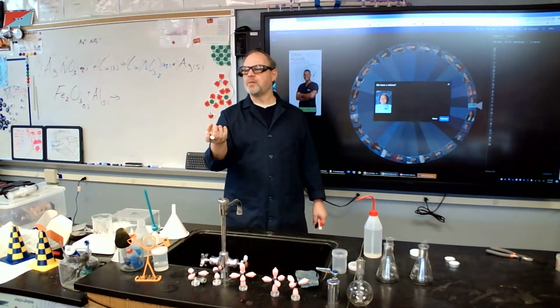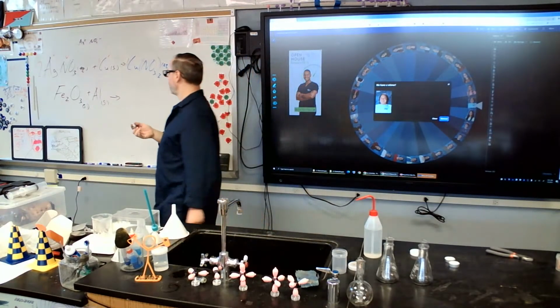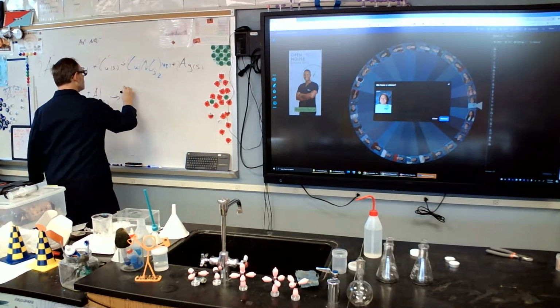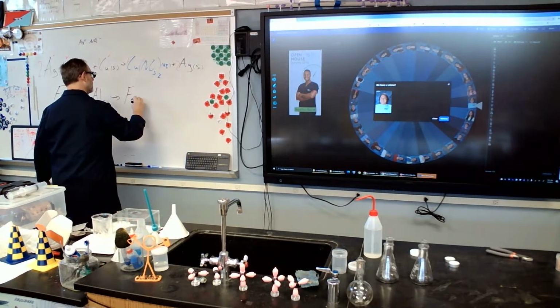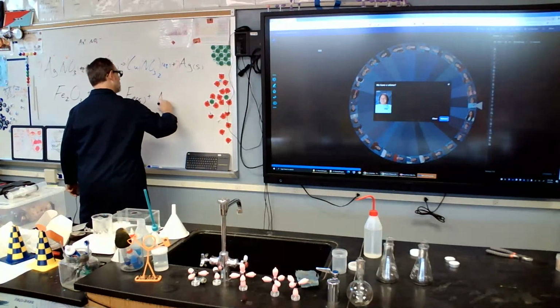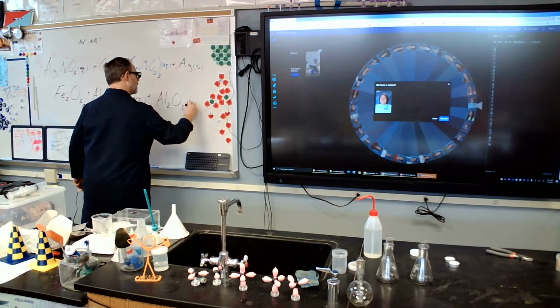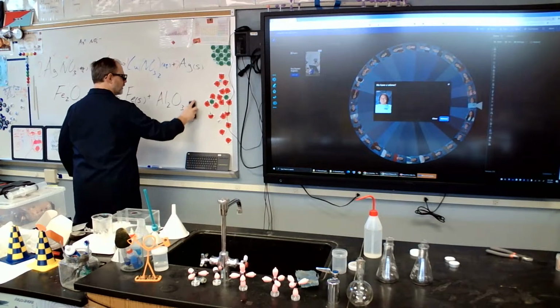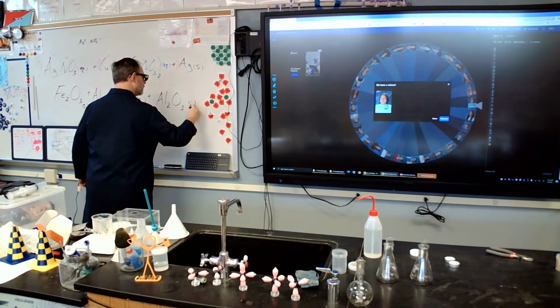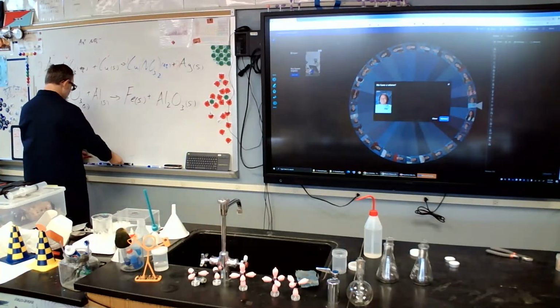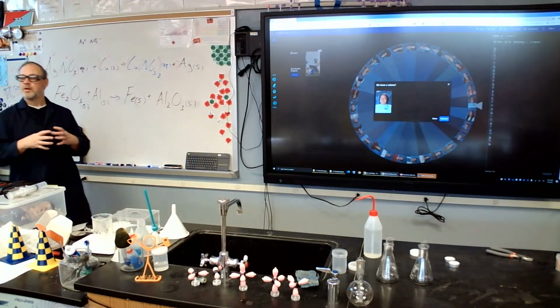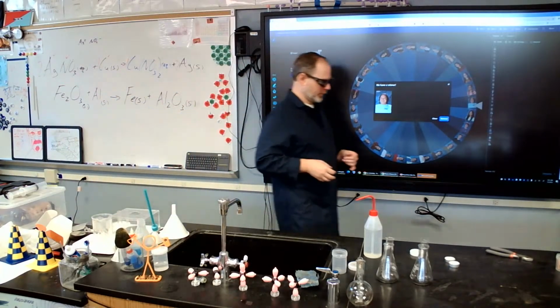And it would leave behind molten iron. So then you'd have your molten iron and aluminum oxide, not aqueous, solid aluminum oxide, mostly smoke. And that would weld the two rails together.